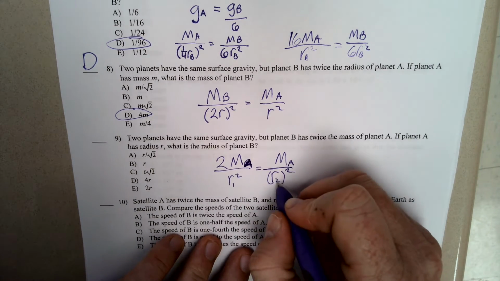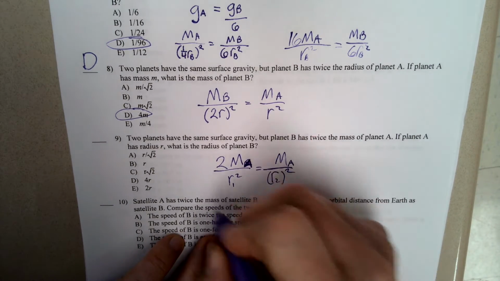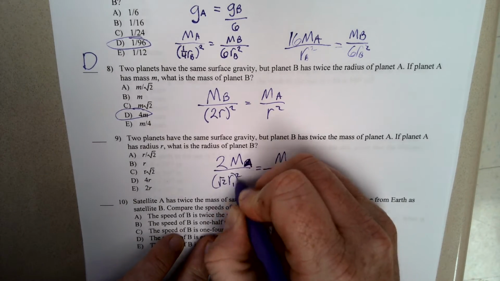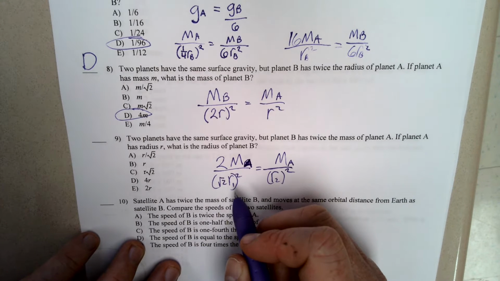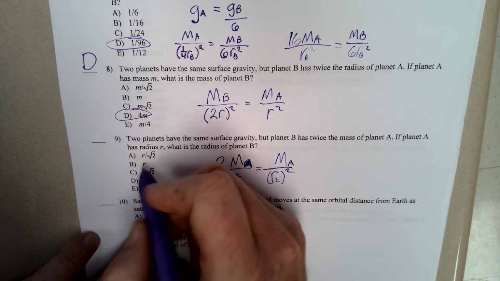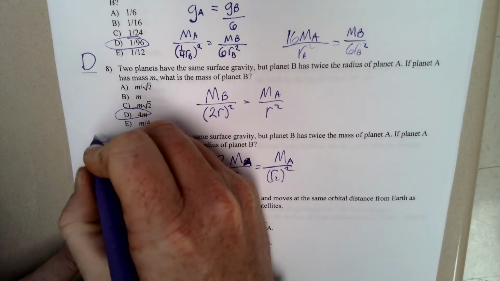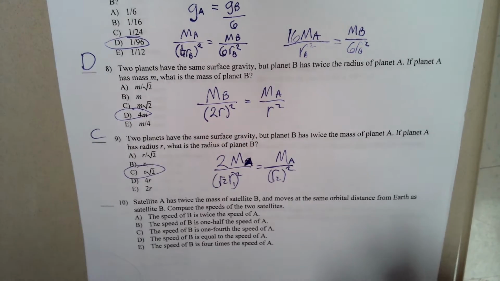In comparison of these two things, well, this one has to be square root of 2, so that when I square it, it's going to cancel out. So then that should be C, square root.